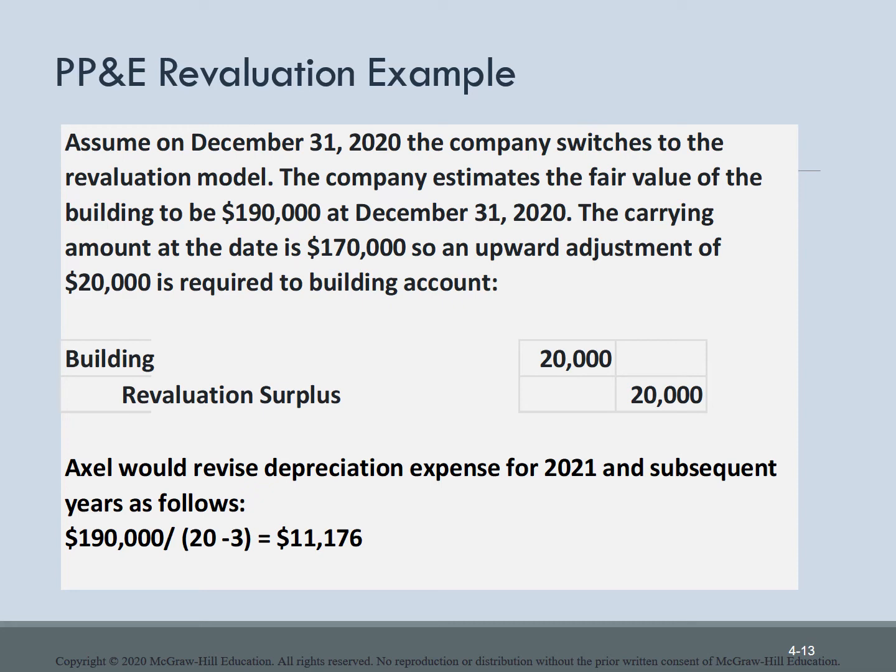So we're essentially revising depreciation expense using the same formula we always would, which is cost or carrying value at the time of the change minus any salvage divided by the remaining useful life. All right, so carrying value at the time of the change is the 220 in the building account minus the $30,000 in the accumulated depreciation account, or 190, and then divided by 17 gives us 11,176.